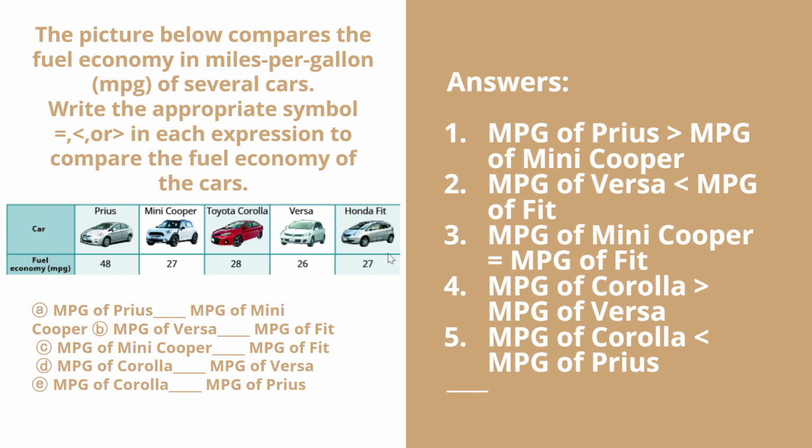Mini Cooper to Fit, they are both 27, so we write equal. Corolla to Versa is 28 to 26, which is greater than. And Corolla to Prius is 28 to 48, so we write less than.